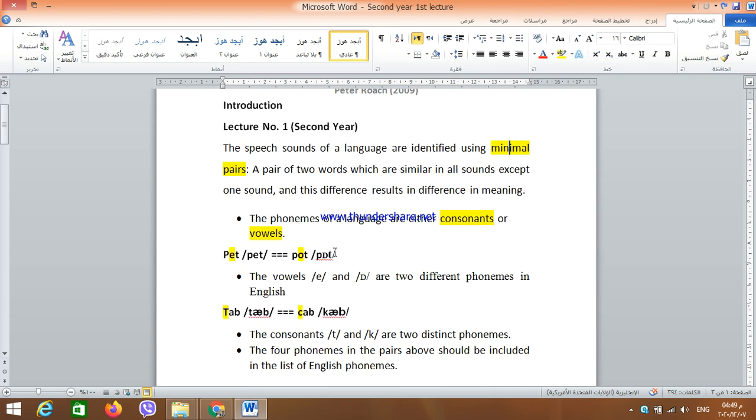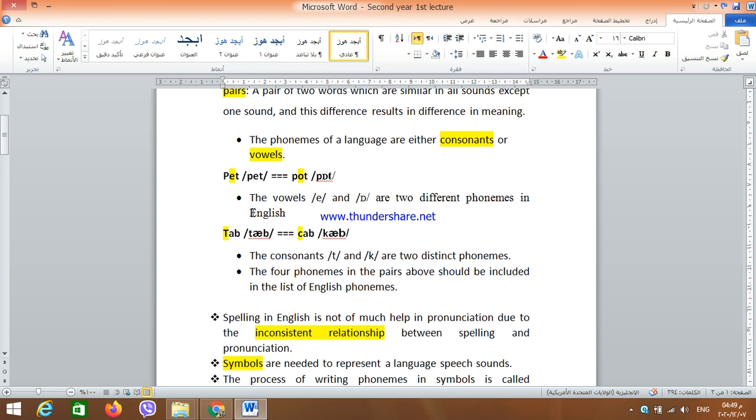The sounds of any language are normally divided into consonants and vowels. So I'll first offer you an example of identifying vowels. If you look at this pair of words, the words are pet and pot. This word is transcribed like this, and pot is transcribed like this.